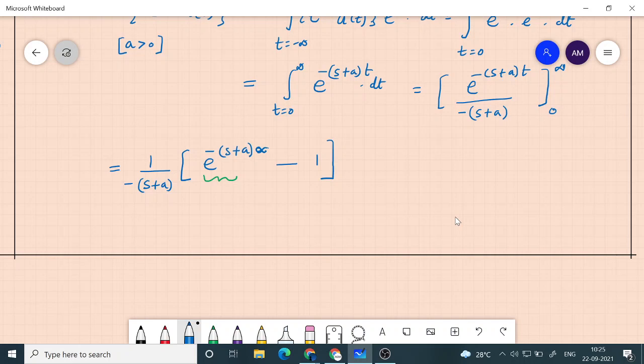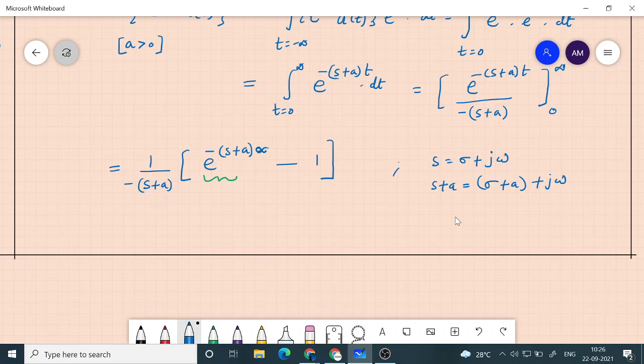But s, I know that s is sigma plus j omega, so it has sigma real part and j omega imaginary part. So a is a real quantity, so I can combine s plus a as sigma plus a plus j omega.